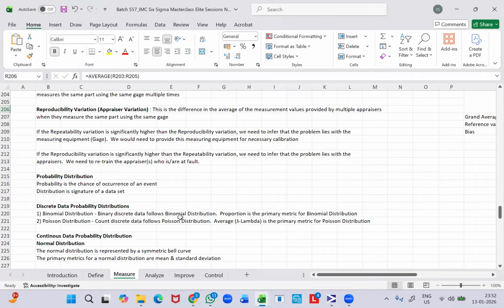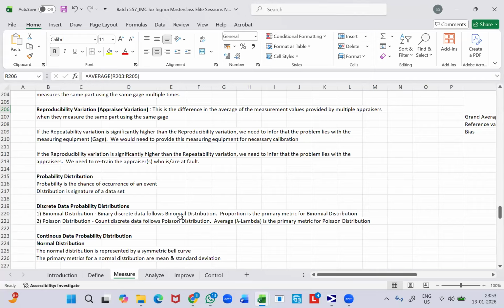Say for example, you are asked to estimate the probability of getting 5 defectives out of 200 samples. But you would have been provided with the defective proportion as the historical performance value, right? So the historical performance value would have been given in terms of the defective proportion. Given this historical performance, what is the probability of getting 5 defectives out of 200 samples?